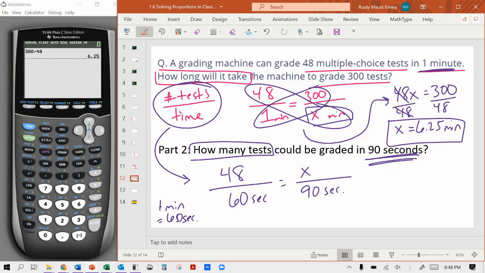And once again, we're back to cross multiplying and again, dividing in this case, fairly straightforward once we have it set up.